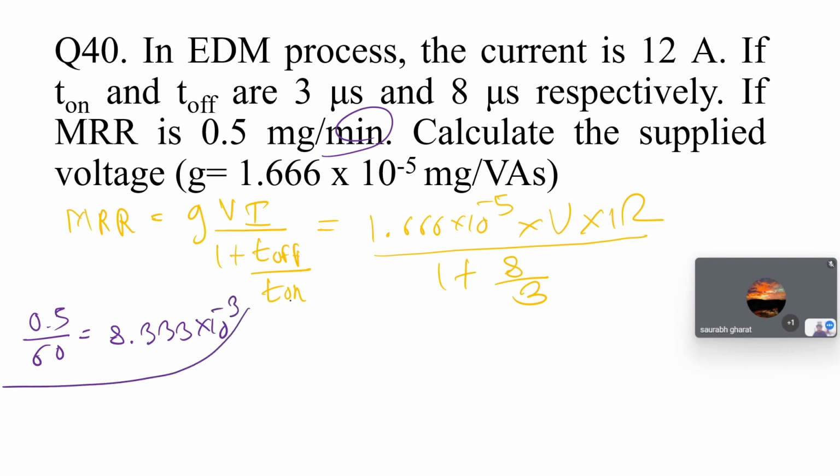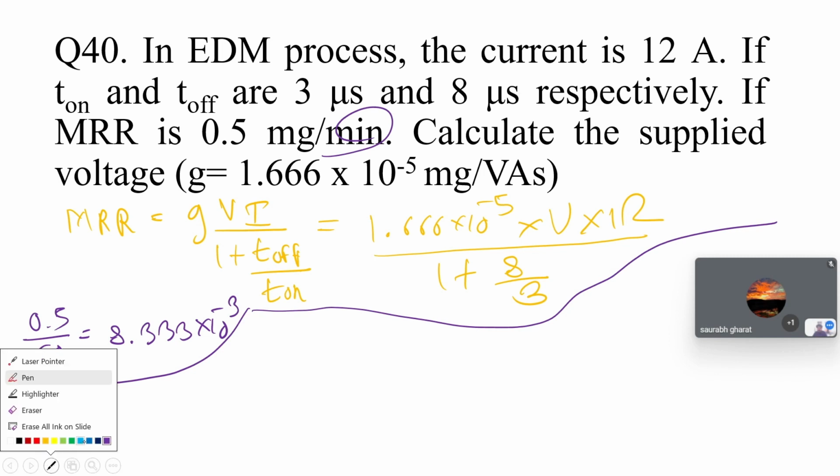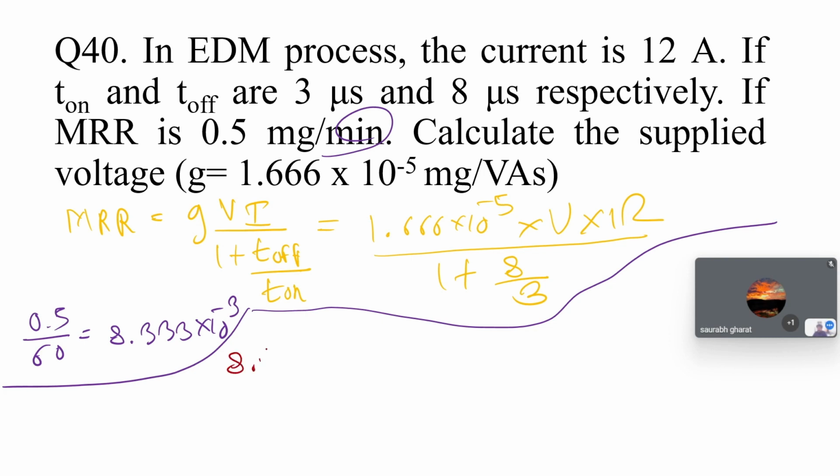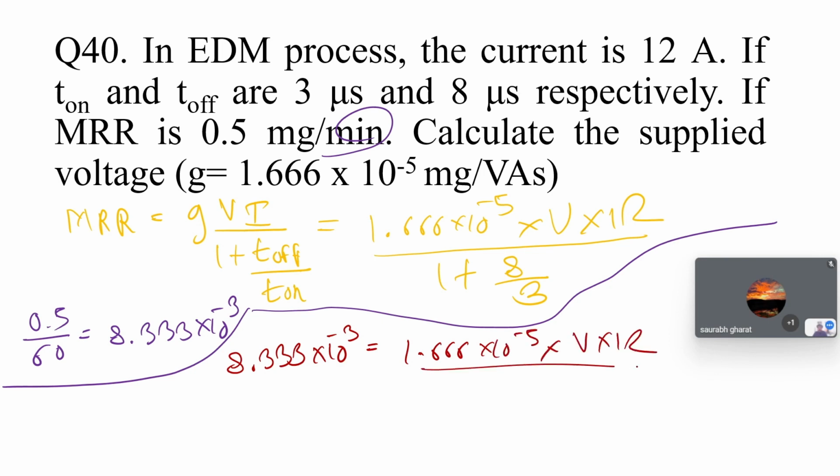So your problem will become 8.333 into 10 raised to minus 3 is equal to 1.666 into 10 raised to minus 5 into V into 12, and you guys can calculate this answer.